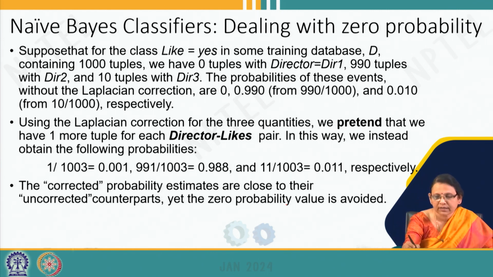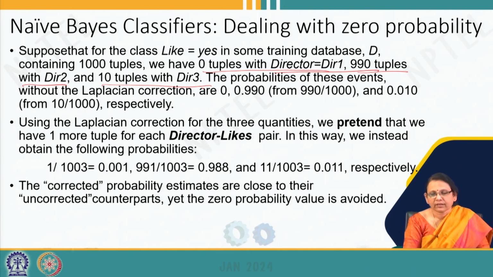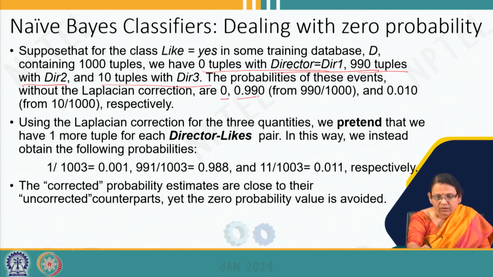Out of this 1000, you have 0 tuples with, let's say, director 1, 990 tuples with director 2 and 10 tuples with director 3. Now what is the probability of this? The probabilities are 0, 0.990 and 0.010.